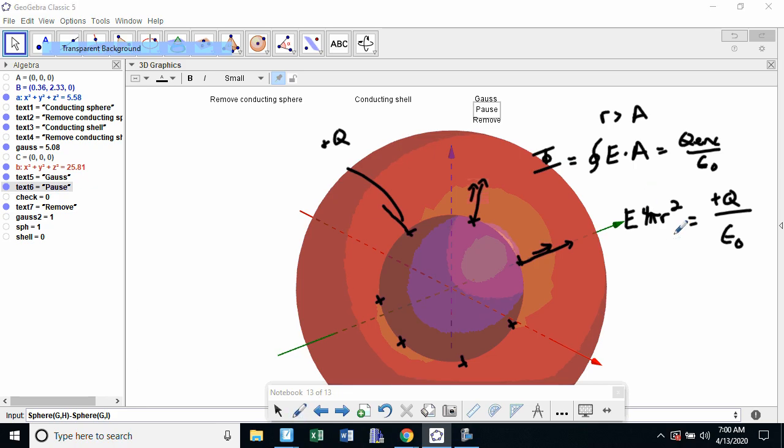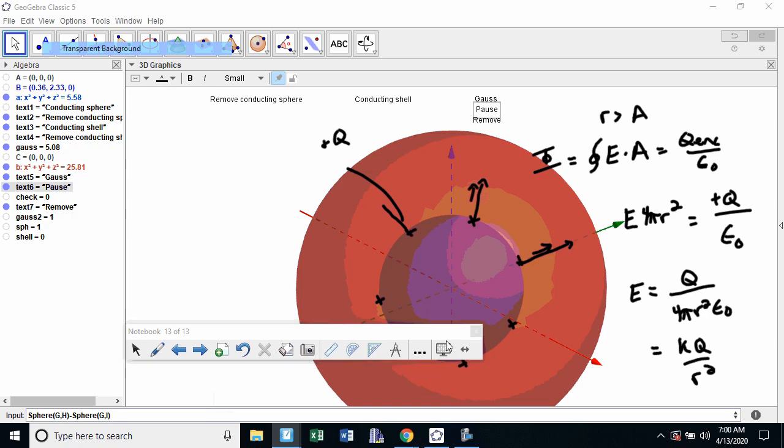And then I'm going to move over the 4 pi r squared, and E is equal to positive Q over 4 pi r squared epsilon naught. And of course, we know now that is just kQ over r squared. So outside of the conducting sphere, it looks exactly like a point charge. That's what you'd expect for a point charge, kQ over r squared.